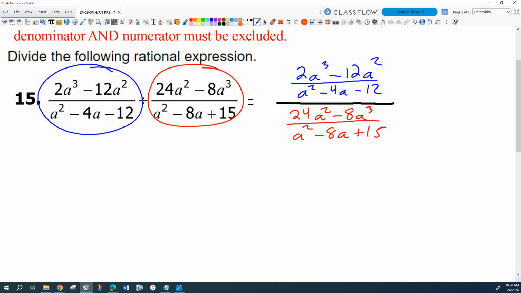Everybody see that? So this is called a complex fraction. I've got fractions divided by fractions.